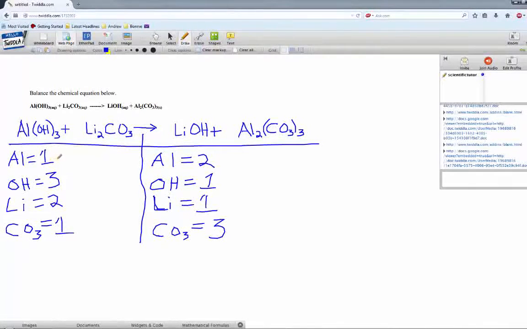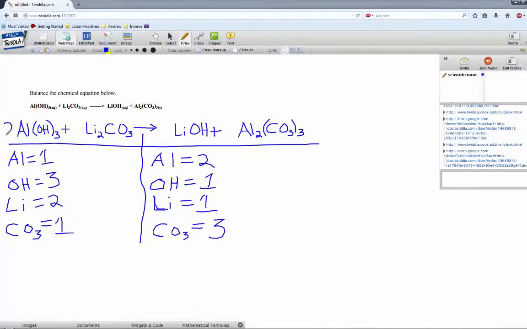Next, we have to play the matching game. Al is different, OH is different, Li is different, CO3 is different. Where do I want to start? Start with the easiest possible. In this case, I'm going to start with the Al first. There's 1 on this side and there's 2 on this side. That seems easy to fix for me.